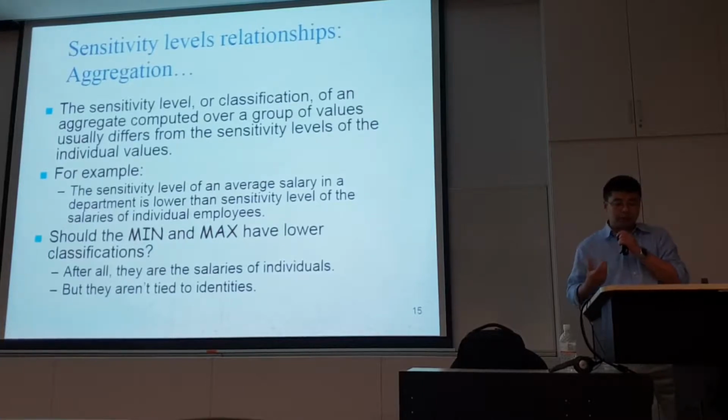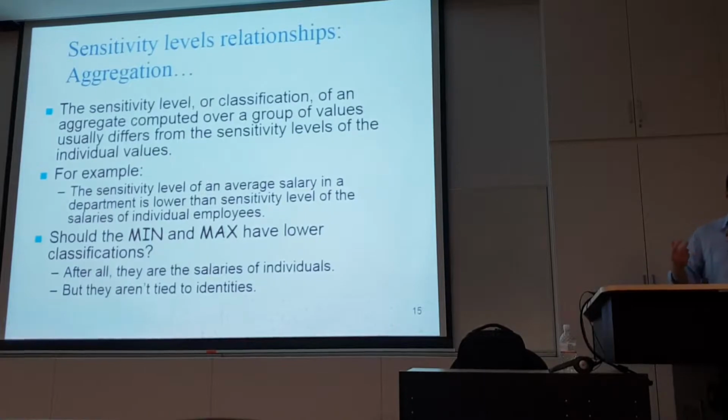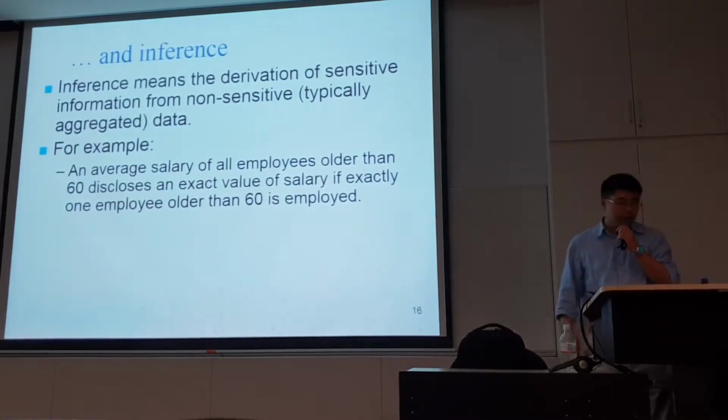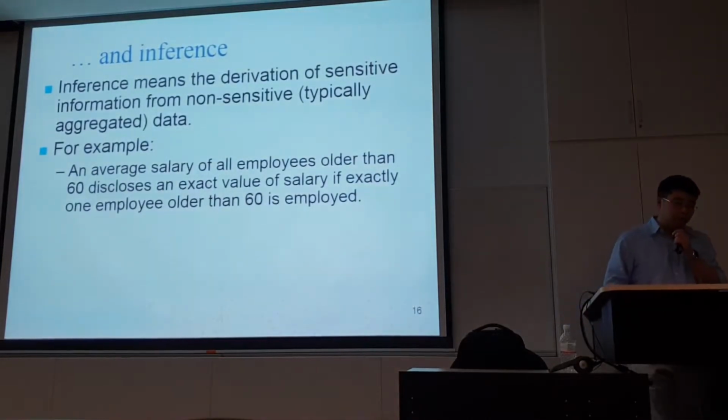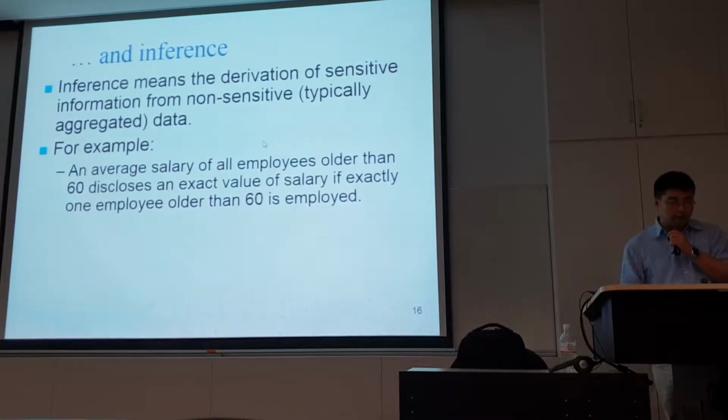If the returned set contains few items, then you can immediately infer some information from the statistical data returned. So inference is basically the derivation of sensitive information from non-sensitive information. Usually we are talking about statistical information or aggregated information. If we can derive sensitive information from some statistical or aggregate data, then we call this kind of attack an inference attack.